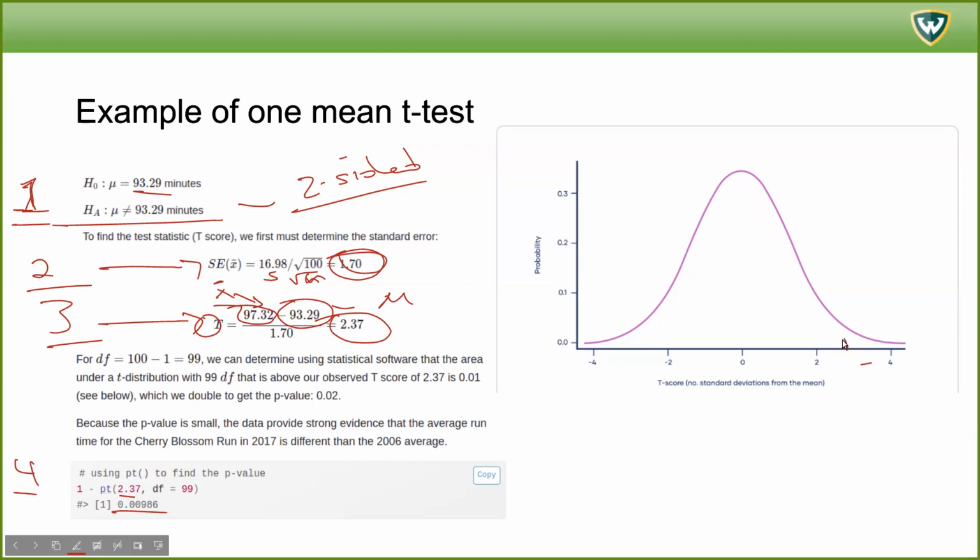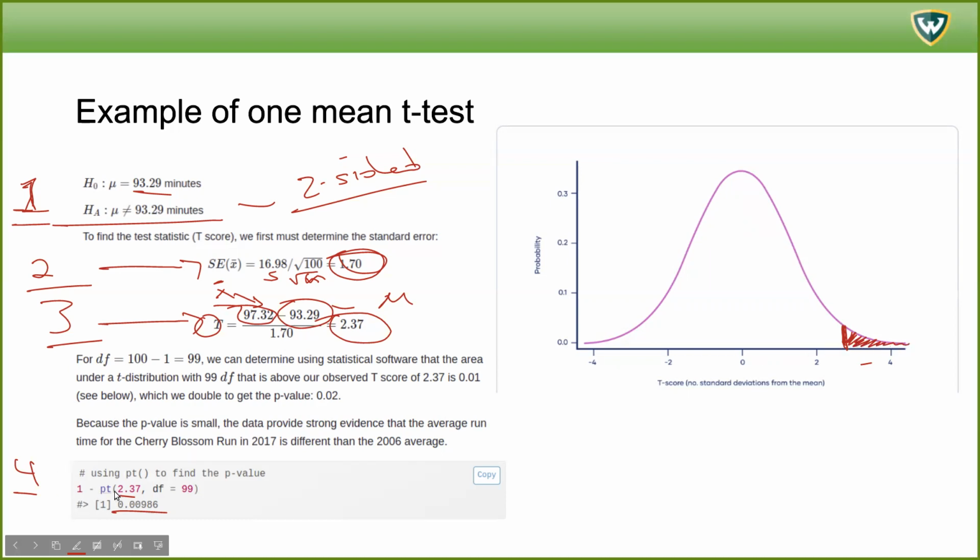It is somewhere over here in the distribution, right? So what does this function pt give us? It gives us the probability of getting this value or higher. And what is the probability of getting this value or higher?